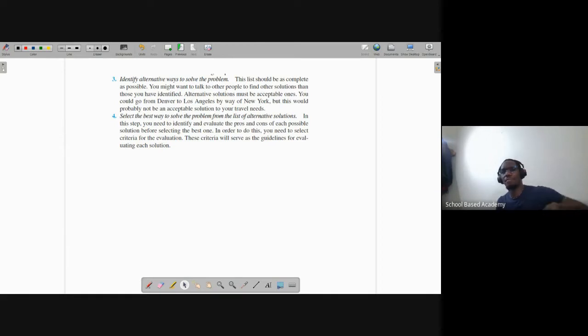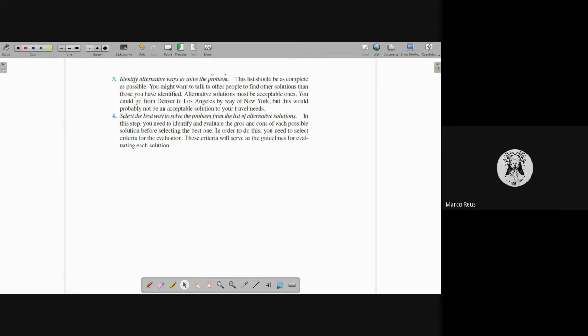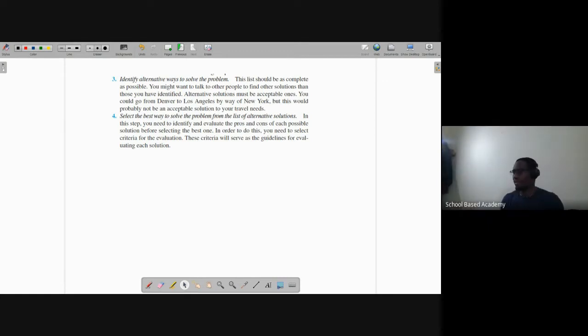Could I ask anybody here to tell me a possible thing that could go wrong if your friend decides to climb the tree to get the ball? Yes, Marco. He could fall, sir, and injure himself. Right, he could fall right out of the tree.